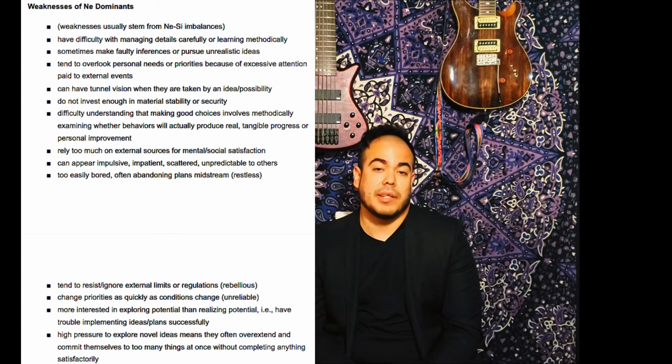Let's talk now about environments or ways in which the ENTP and ENFP can get triggered. And this can happen at home, at work, or wherever it is. So if you're an ENTP or an ENFP listening to this or watching this, take note. These points are very important because they're going to help you not throw a fit or get really upset if you're in a certain environment for too long.